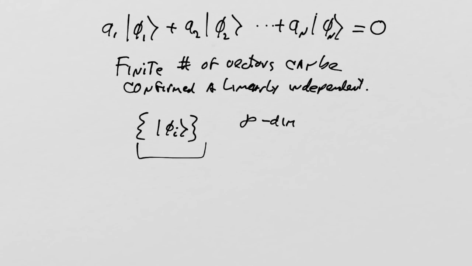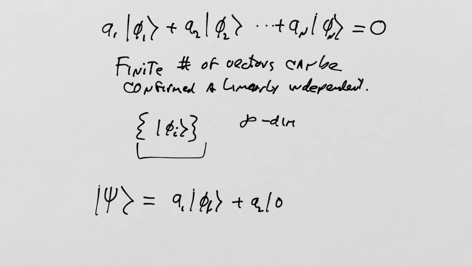Now, mathematicians have evidently known about this and worried about this problem a lot, and they made it really clear that a basis for a vector space has to be such that any arbitrary vector in the space must be decomposable into a finite sum.